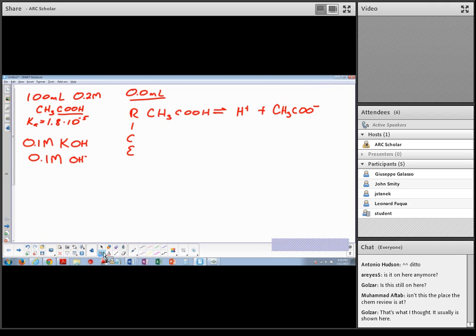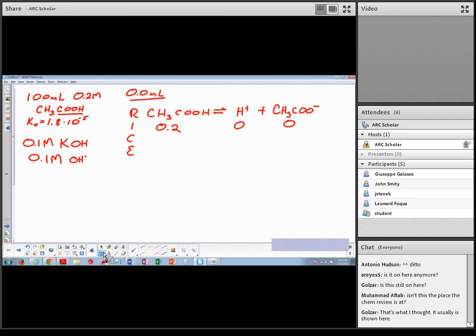I'm plugging in my molarities here, so what's my molarity of the acetic acid? Okay, starting off with 0.2. What about H plus? None of it's been formed yet initially, and none of the acetate has been formed either. So both those are going to be 0.